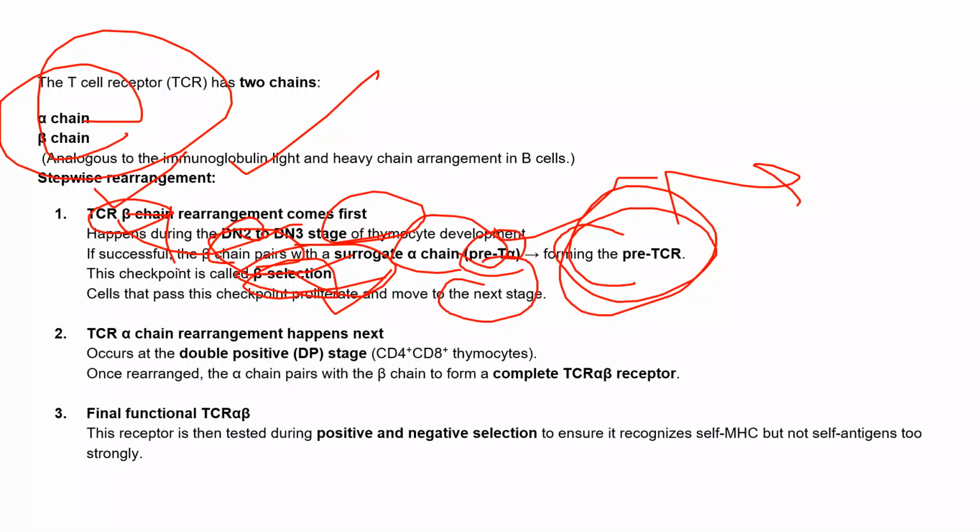After the beta chain rearrangement, it goes for the alpha chain rearrangement, and that occurs at the double positive stage, which is positive for both the receptors CD4 and CD8.